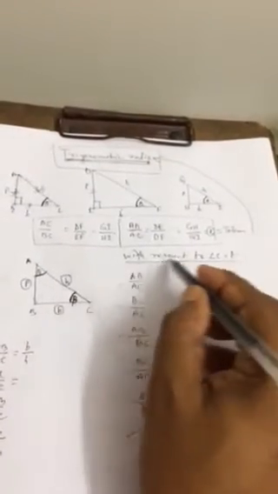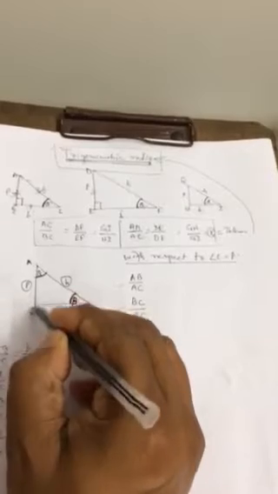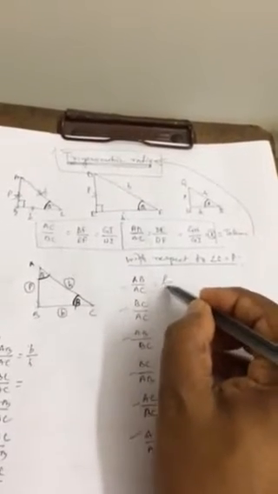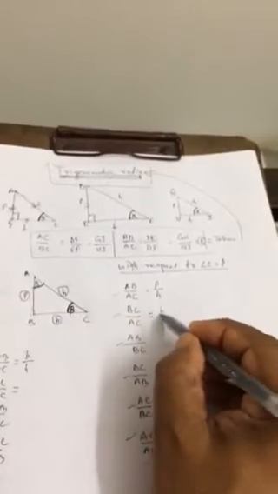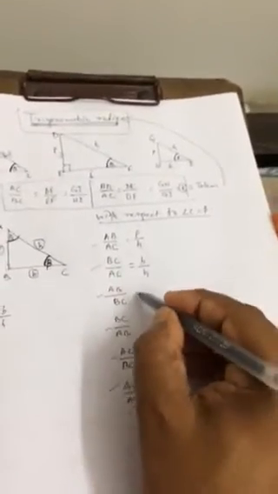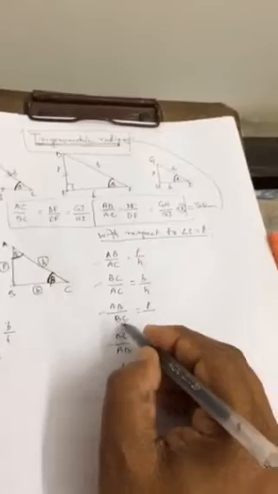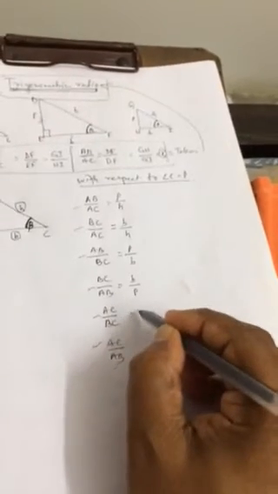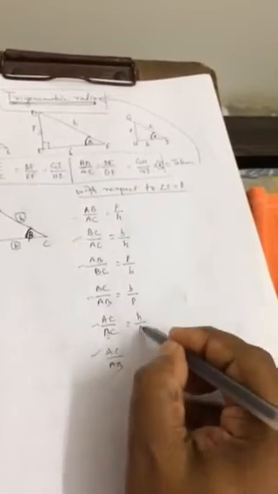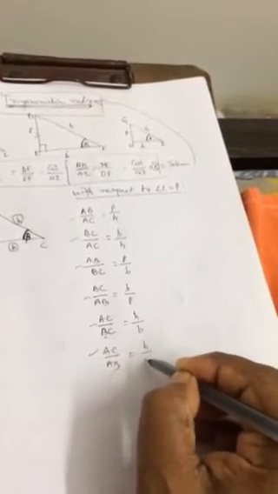With respect to beta, AB is P and AC is H. BC is B, AC is H, and AB is P.